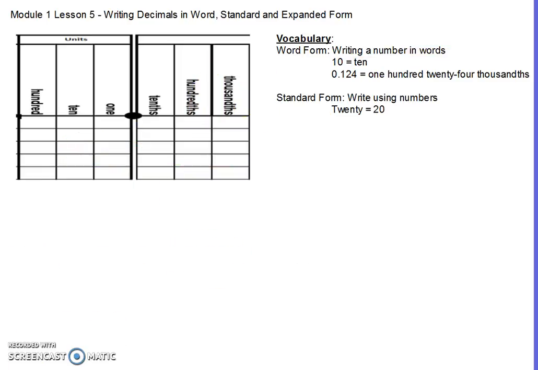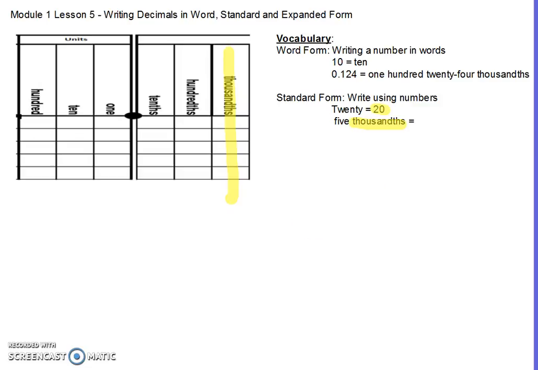The next form we're going to talk about is standard form. Standard form is what most of us are used to seeing in math, and it's just writing using numbers. So if I had 20, the standard form would be 20. Let's make it a little bit harder by working in decimals. Here I have 5 thousandths. My first clue is thousandths, because that tells me how far I'm going to go over in my column, and that is this column right here.